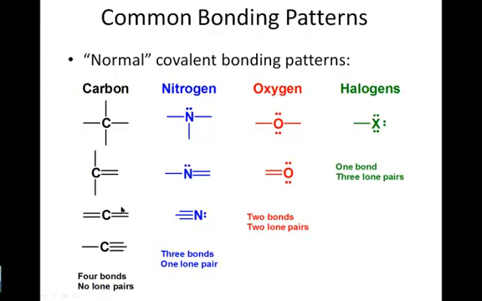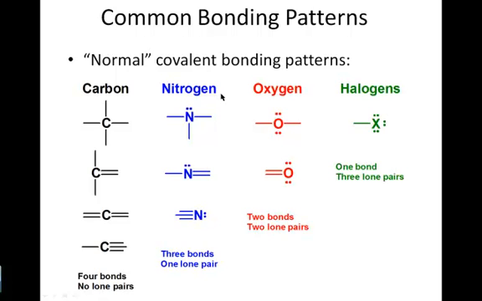Or carbon could have 2 double bonds, so it could have a pair of bonds to one atom on this side, a pair of bonds to an atom on this side. Or those 4 bonds could be comprised of a triple bond and 1 single bond. So there are multiple ways that carbon can make 4 bonds. Again, 4 single, 1 double and 2 single, 2 double, a triple, and a single.